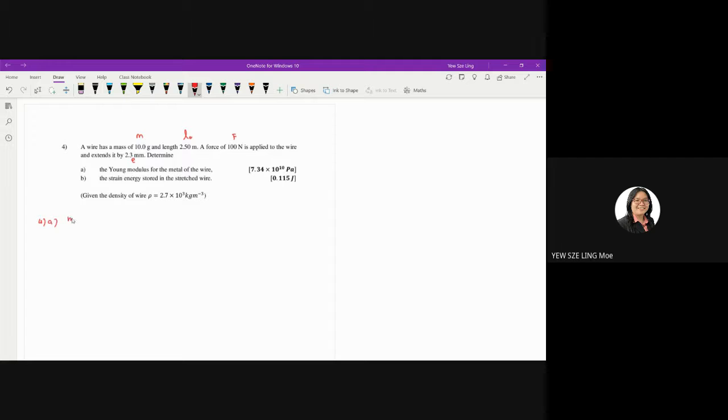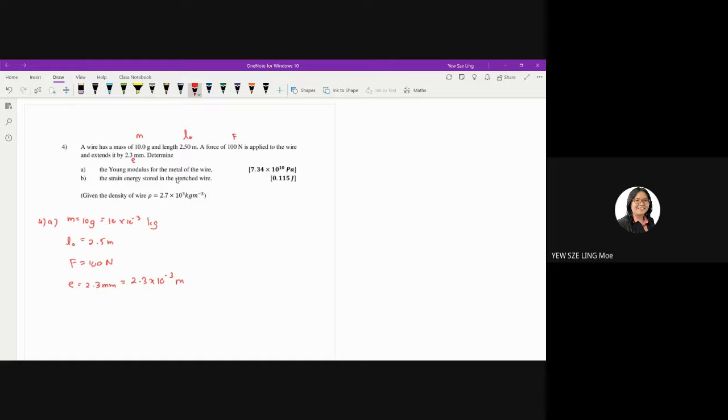You're given all of the information needed. You have m equals 10 grams, which equals 10 times 10 to the power of negative 3 kg. Then you have the original length, which is 2.5 meters, force 100 Newton, and elongation 2.3 mm, which equals 2.3 times 10 to the power of negative 3 meters.